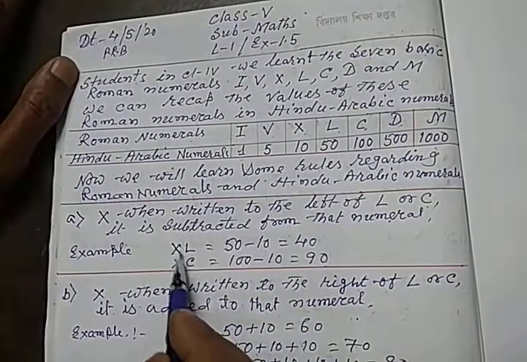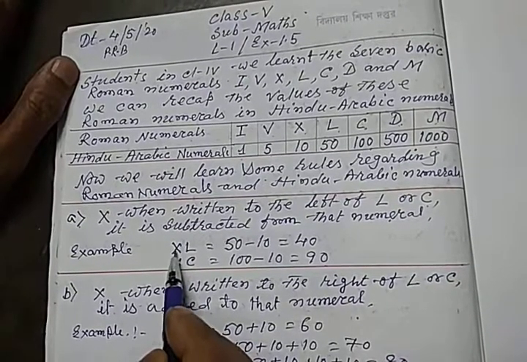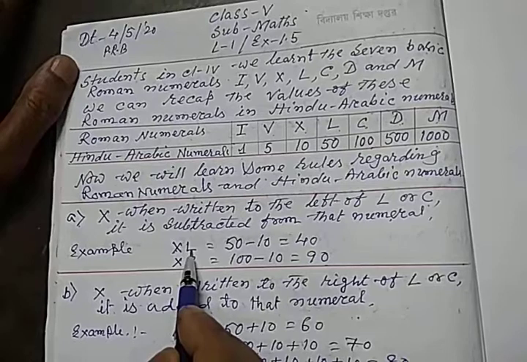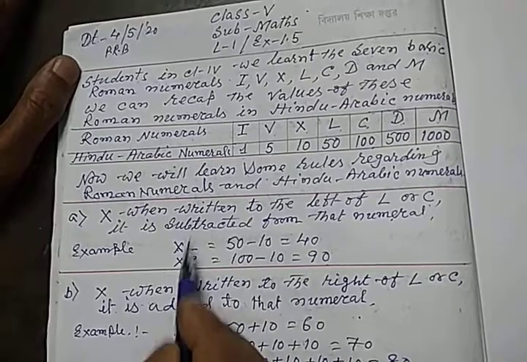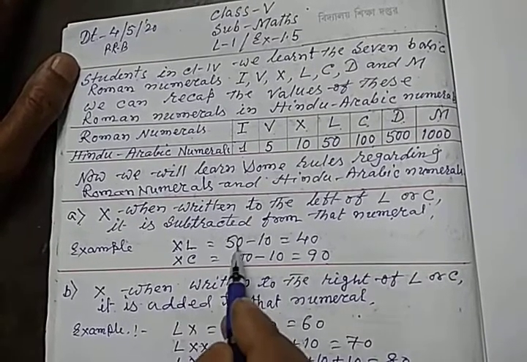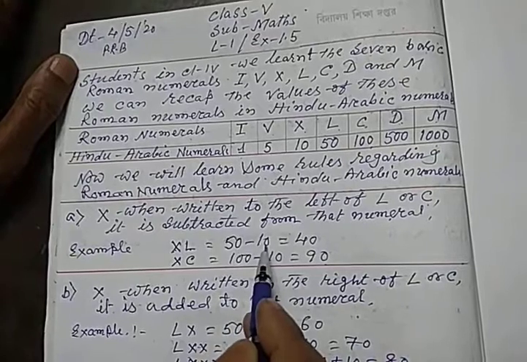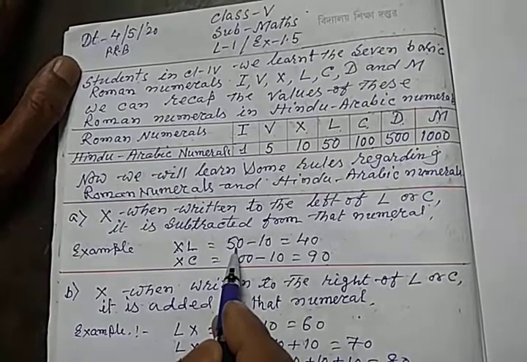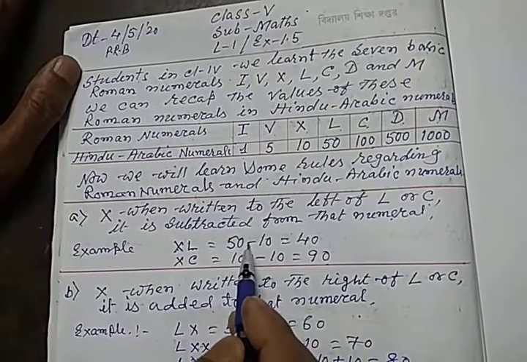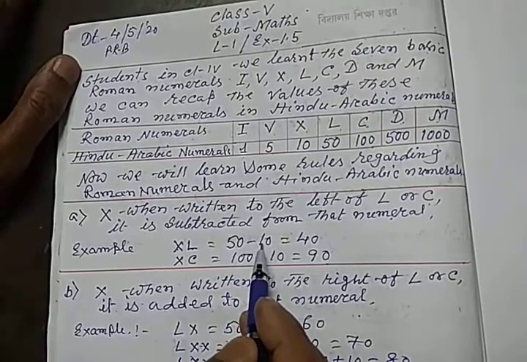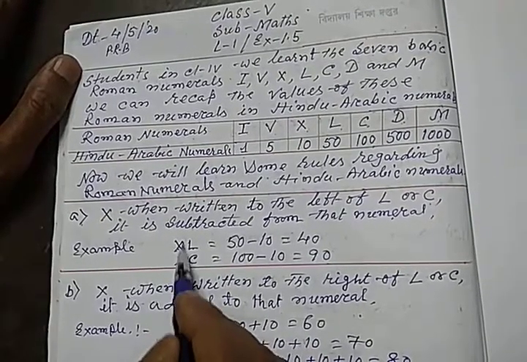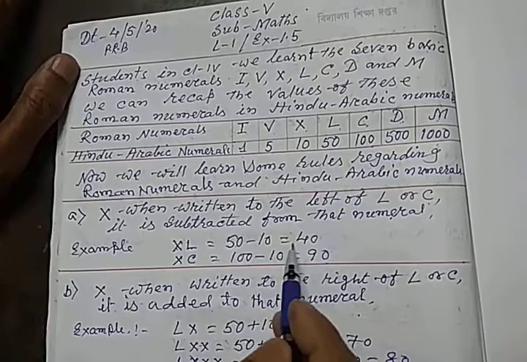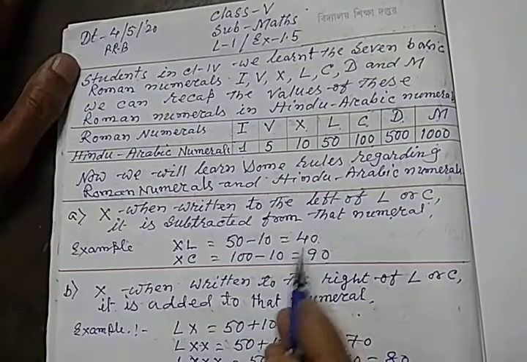In this case, X is written on the left side of L. In that case, according to this rule, L's value is 50, and from this we have to subtract 10 because we know the value of X is 10. So the ultimate result is 40.